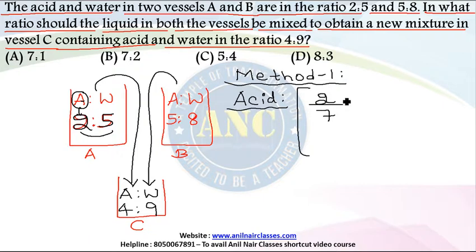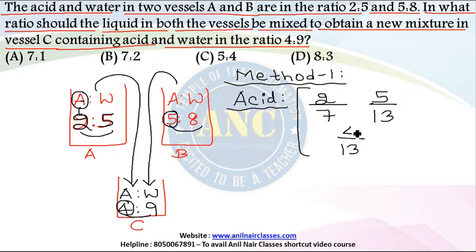So it is 2 out of 7. Why are you taking acid? Because in the first method I am working with acid. Similarly, in vessel B, out of total 5 plus 8, 13, 5 liters belong to acid. In vessel C, out of total 4 plus 9, 13, 4 liters belong to acid.